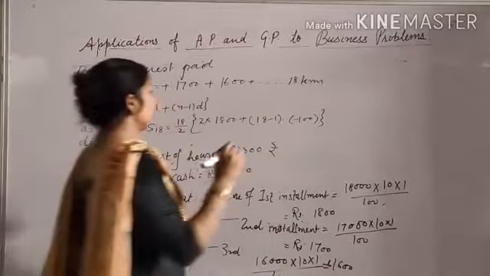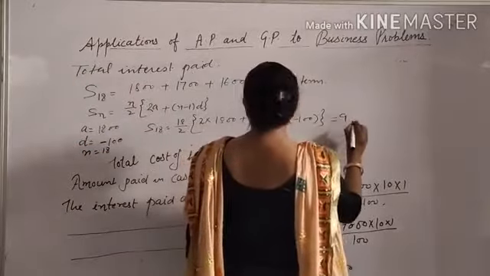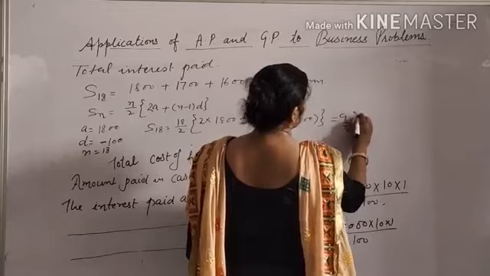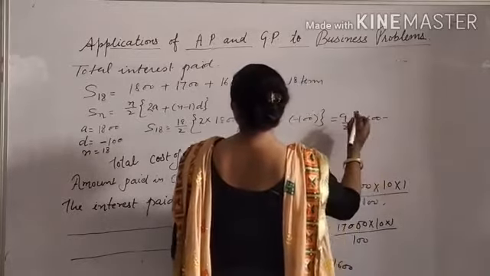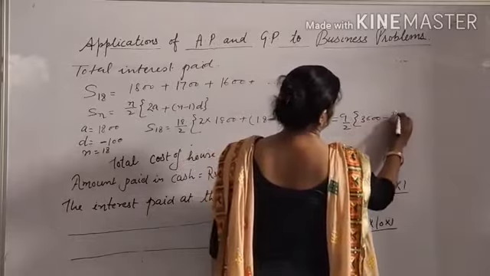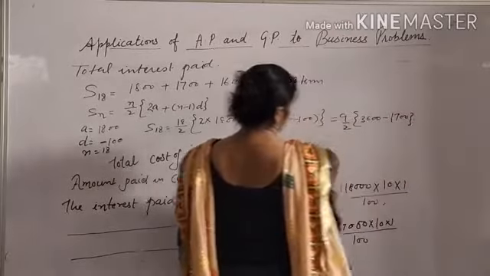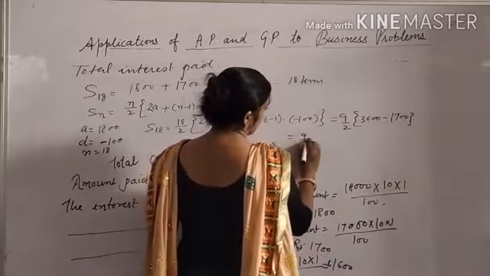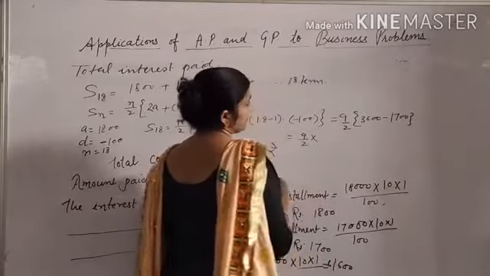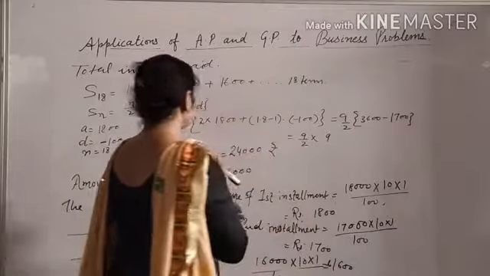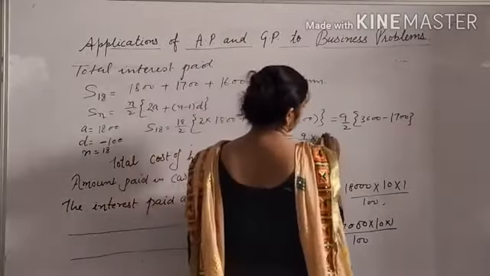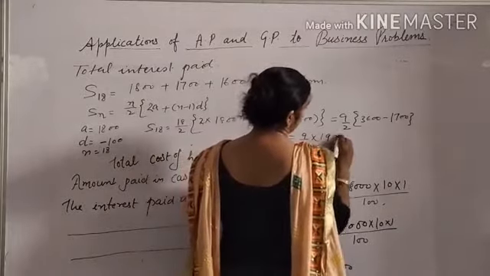So this is 9 by 2 into 3,600 minus 1,700, so this is 9 by 2 into 1,900.